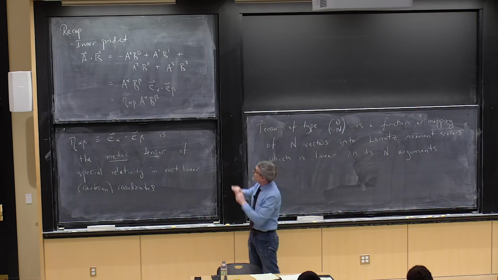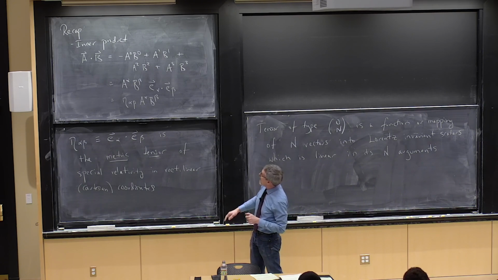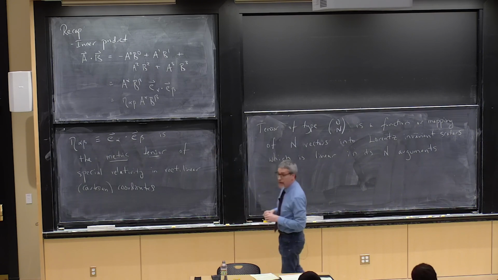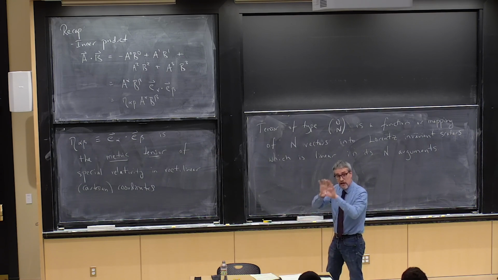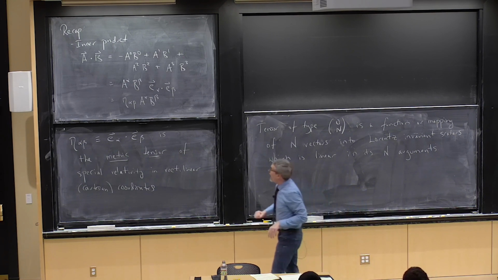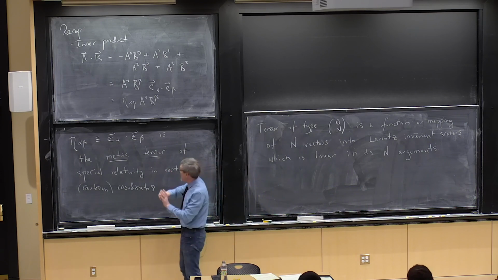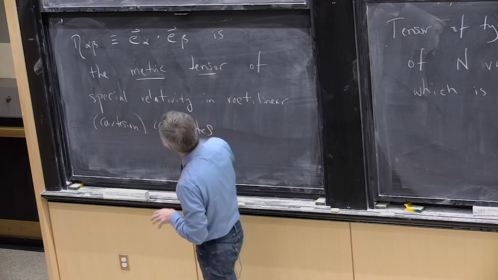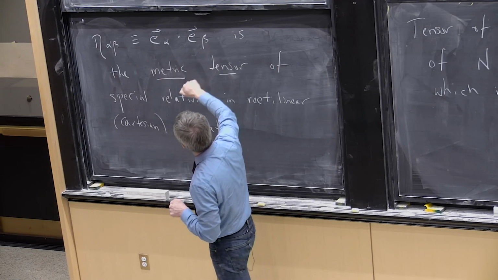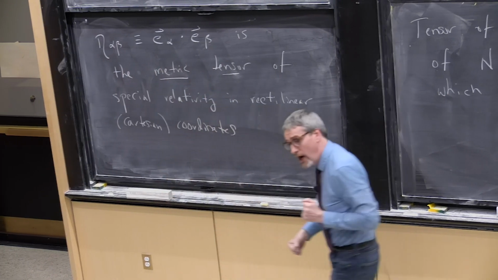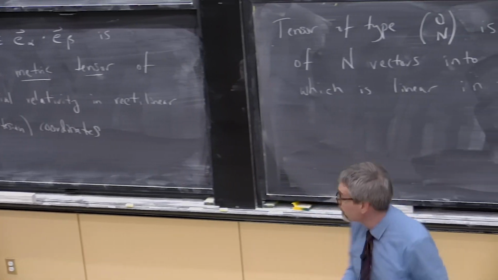And then using the fact that I can write my 4 vector as components contracted onto elements of a set of basis vectors, I can use this to define a tensor, which I will get to the mathematical definition of more precisely in just a moment. The dot product of any 2 basis vectors, I will call that the tensor component eta, alpha, beta. Okay?